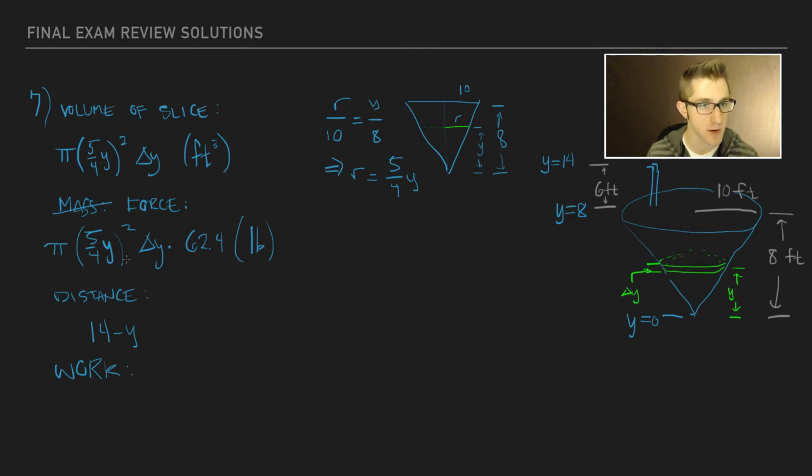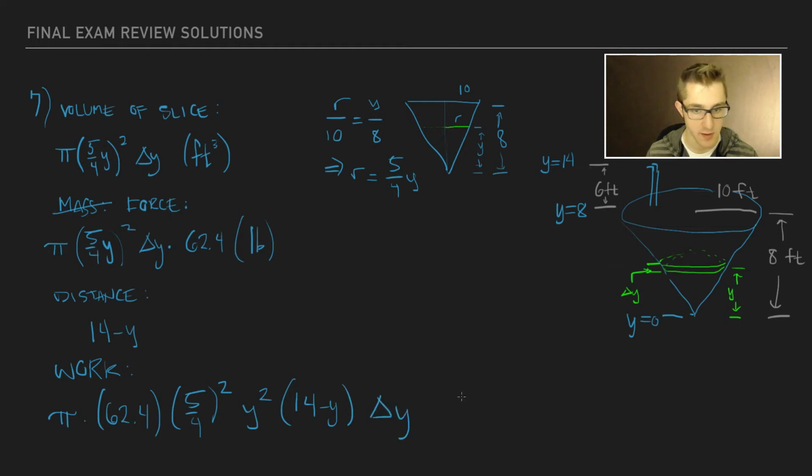So writing it nicely, I'll have pi times 62.4 times (5 over 4) squared times y squared, multiplying by (14 minus y), and then finally delta y. The units here were feet, and the units here are foot-pounds.